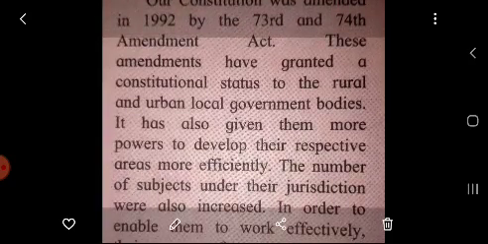It has also given them more powers to develop their respective areas more efficiently. The number of the subjects under the jurisdiction were also increased. In order to enable them to work effectively, the sources of revenue have also been increased.